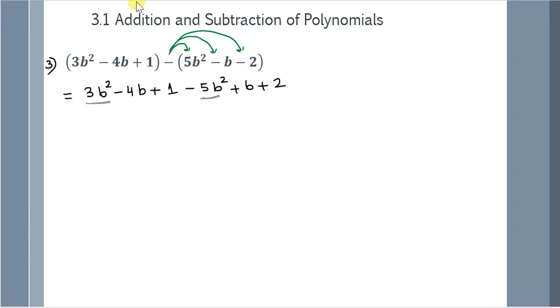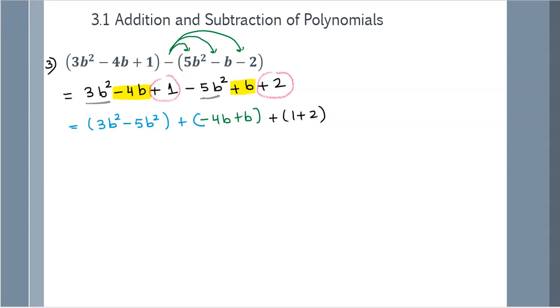Now collect the similar terms. 3b square minus 5b square collected together. Plus, what you have here, minus 4b and plus b. Collect them together. Minus 4b plus b. And then the constant terms, plus 1 plus 2.